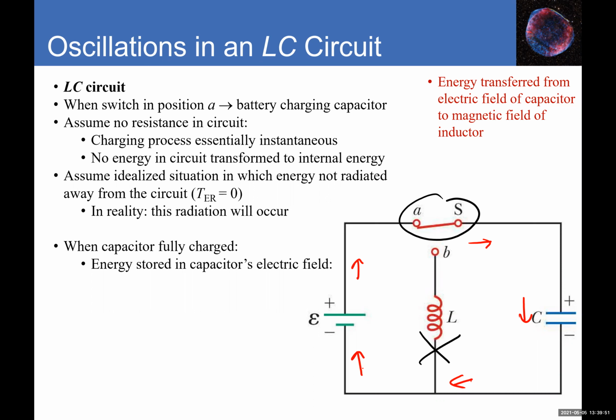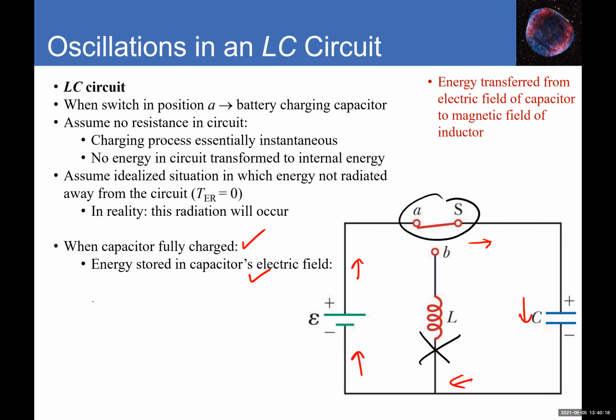Okay, that means at some point the capacitor will be fully charged, and the energy will be stored in the electric field of the capacitor. So it's just a simple charging of the capacitor, which we've seen in the previous chapters and also in the labs. Let's say at this point we just have a capacitor fully charged. And remember what happens, right?